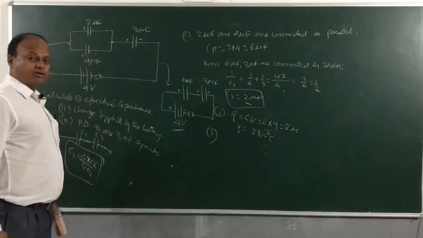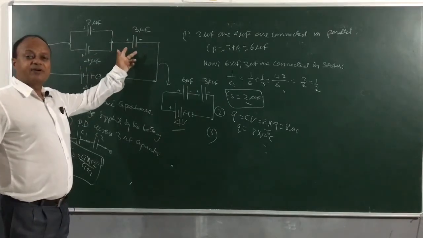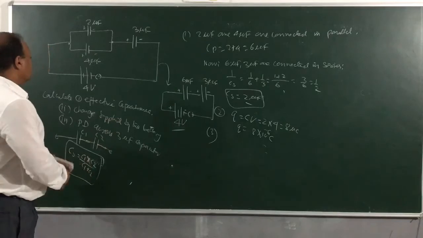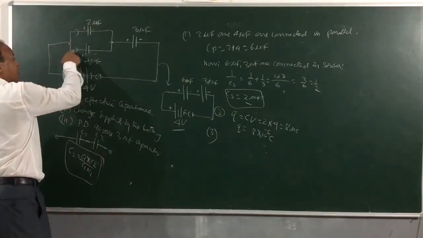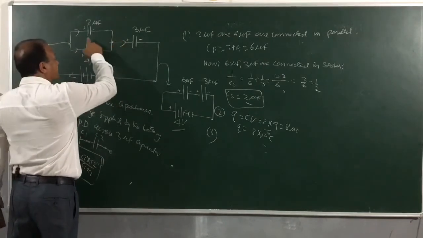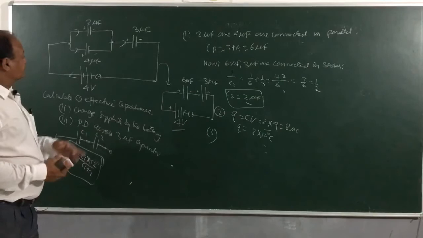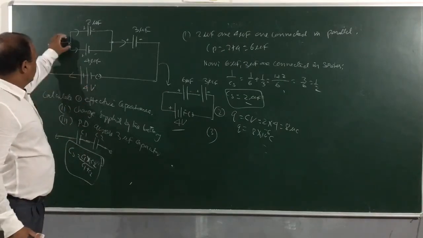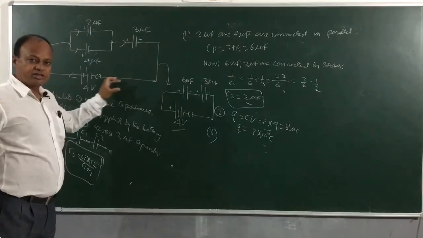Now the third thing they wanted to find out is how much is the potential difference across the 3 microfarad capacitor. It is very easy. You can see here the charge which is supplied by the battery is splitting in 2 branches here, Q1 and Q2, and finally the same 2 charges combine and come out here. It's like having a reservoir, 2 pipes carrying water, again fusing here and going into the circuit.